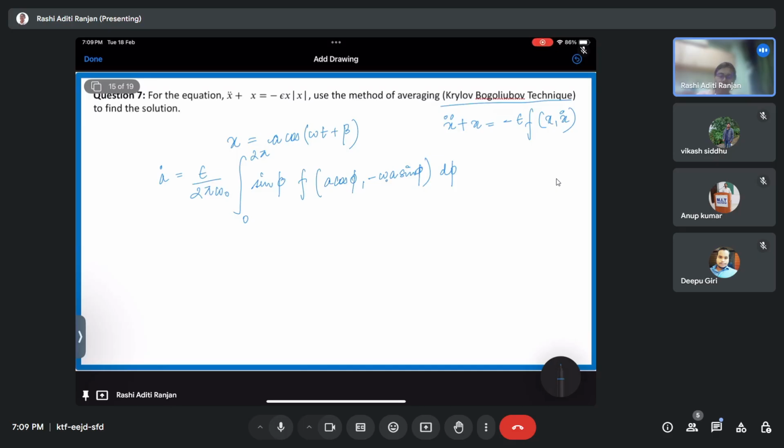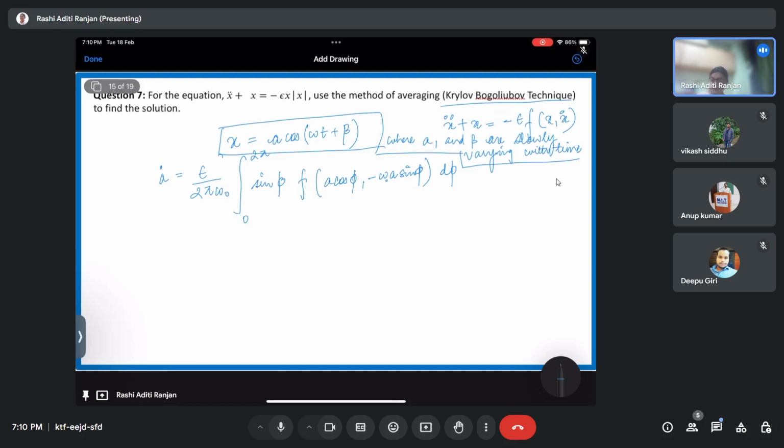If you remember, I told earlier also that in the method of averaging we consider x as this, where a and b are slowly varying with time. So my a dot is nothing but epsilon by 2 pi omega naught, integration from 0 to 2 pi of sine of phi f of a cos phi and minus omega naught a sin phi d phi. Okay, so this is what I have.